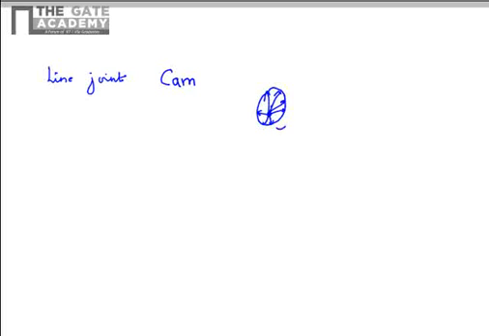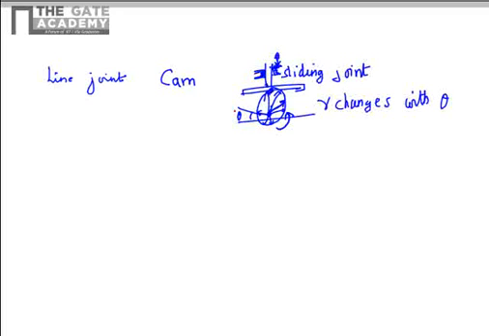So this cam is rotating, and it is supporting a linear member which is constrained by a sliding joint. As the cam rotates, it results in the linear motion of the sliding member.